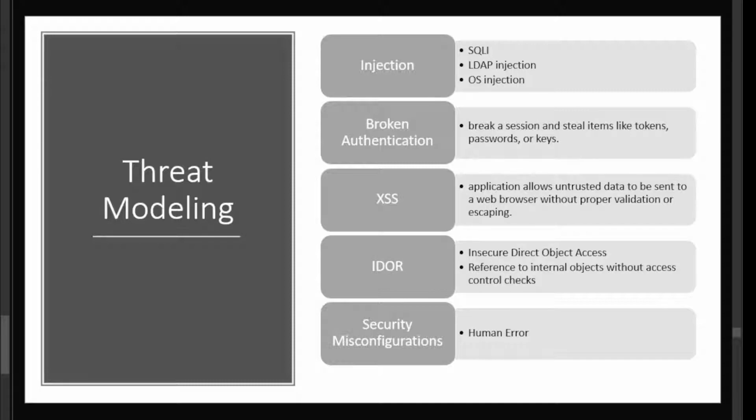IDOR, insecure direct object reference: reference to internal objects without access control checks. And then security misconfigurations, of course, human error. If a server is misconfigured, the attacker can do a vulnerability scan, see the misconfiguration, and use a known exploit.